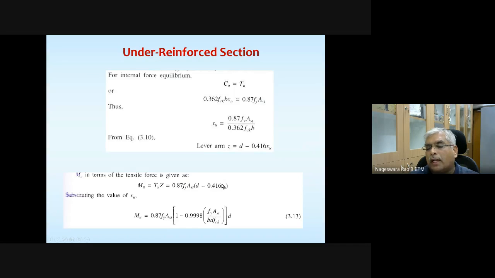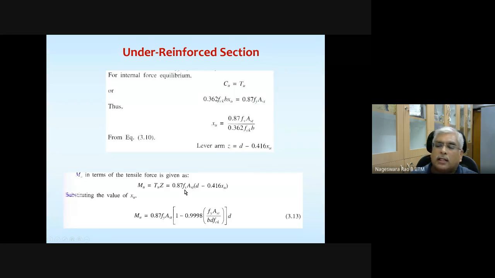So now this Xu is there. In place of this Xu, you substitute this quantity. Please note that your target moment or design moment is known, or if it is given to you, it is known.